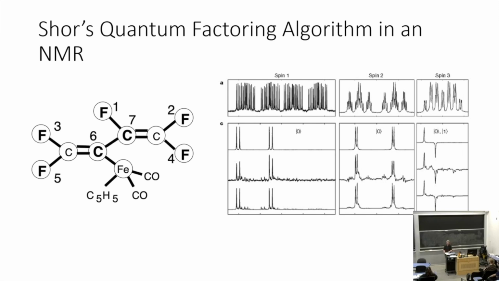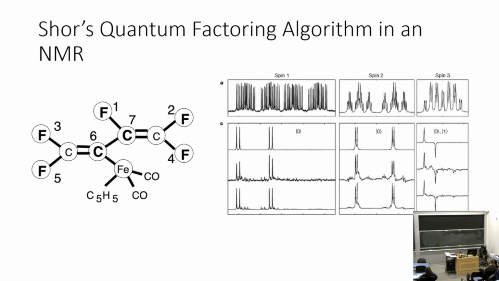And you can see in this top example, this is the thermal equilibrium spectra. So you can see all the beautiful coupling between the spin states. So this is spin 1, so it's our fluorine up here in the upper left.